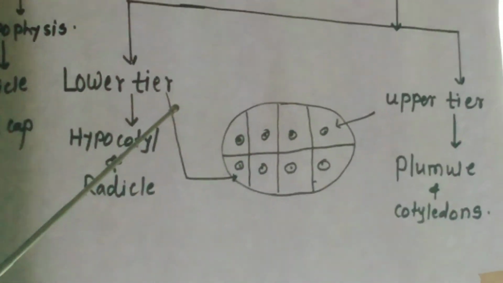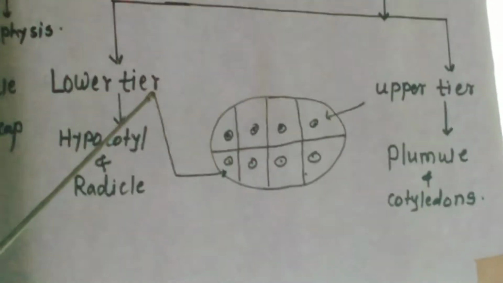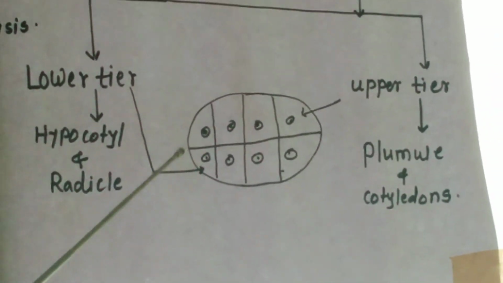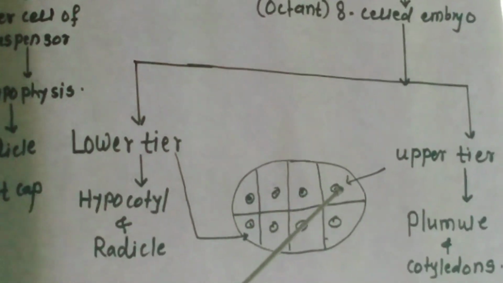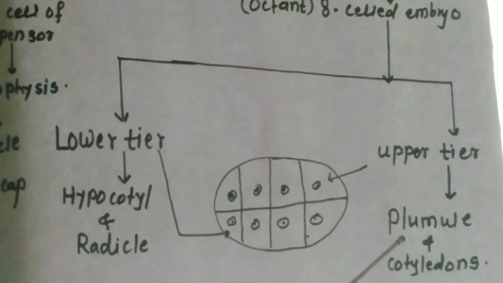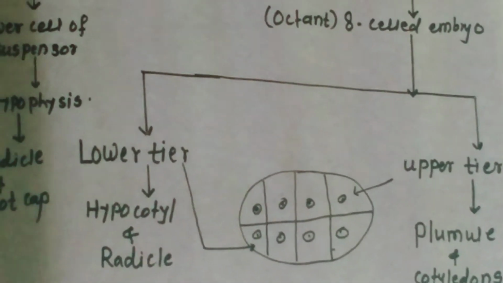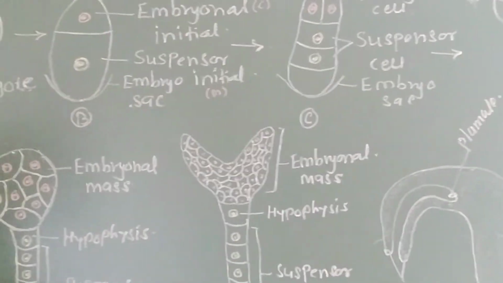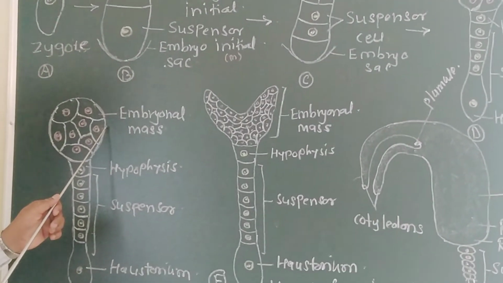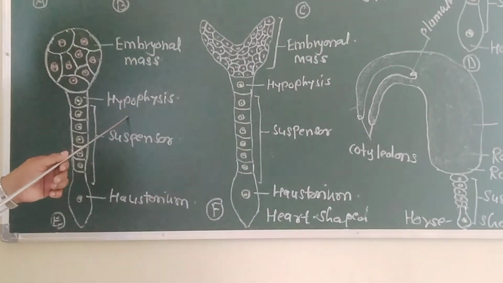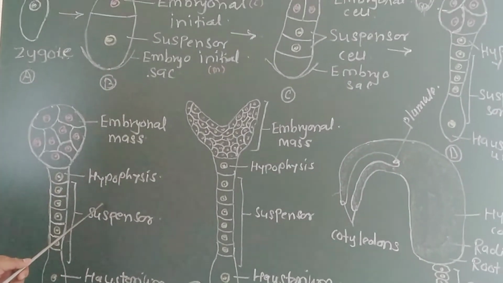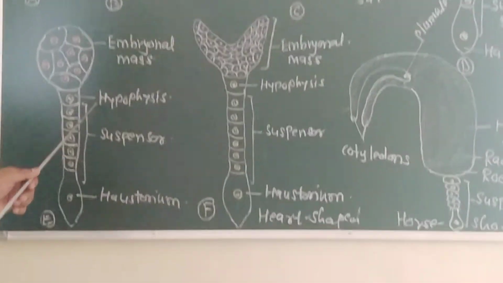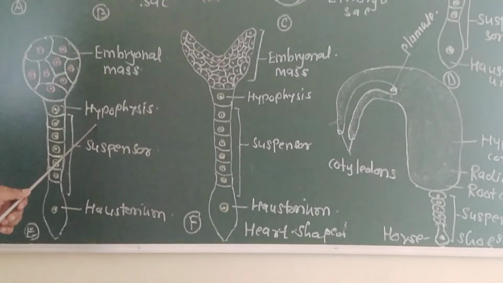The lower tier forms the hypocotyl and radicle, while the upper tier forms the plumule and cotyledons. Here, these are the octant. Now, the hypophysis is the lower cell of the suspensor.